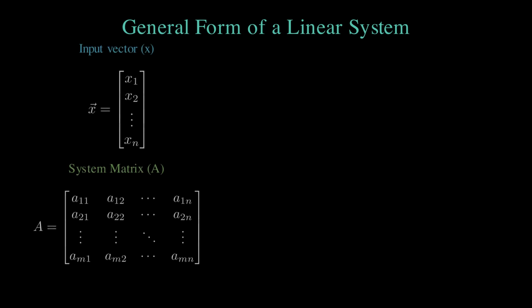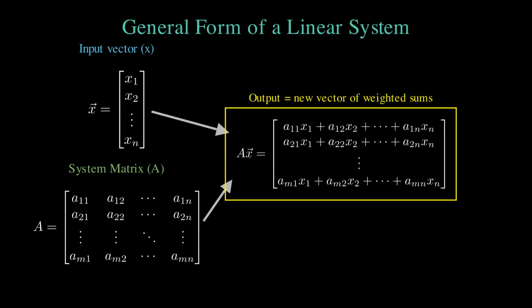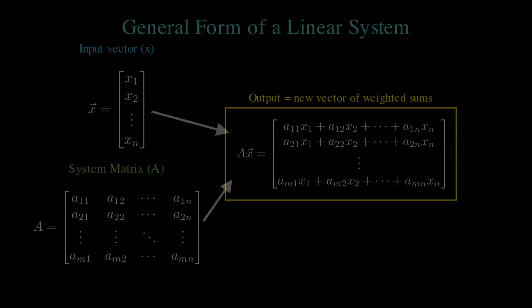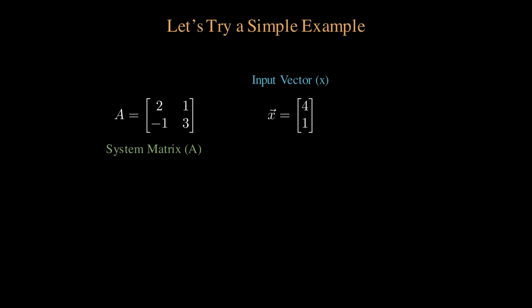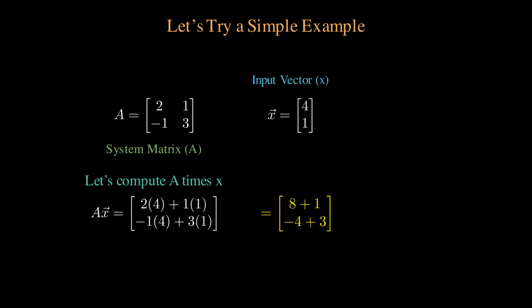On the left, we have the input vector x and the system matrix A. Together, they produce this output, a new vector made of weighted combinations of x. Multiply values from A and x. This gives us the intermediate sums, 8 plus 1 and negative 4 plus 3. And finally, we simplify the sums so A times x gives the output vector 9 and negative 1.